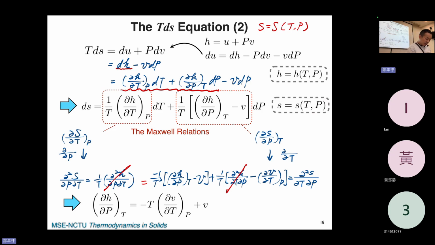And then you notice that this blue part equals the rest of it, and the rest of it becomes this.